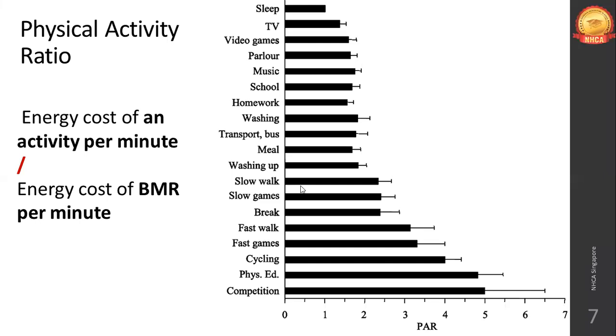It takes a healthy adult's BMR ratio and, based on that, says if they do this activity, this is what they are burning. But if you want to be very specific about your client, you will have to use the PAR formula also. You will have to find the energy cost of karate per minute: if you do karate for 1 minute, how much energy are you burning? You have to find that based on the person's details and BMR. If you want to be that personalized, is it clear now?